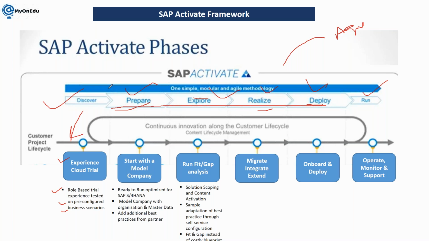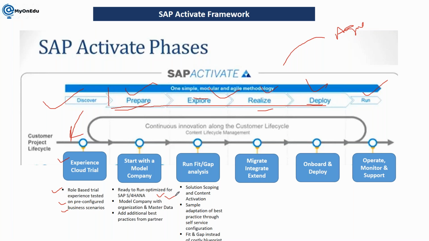In the prepare phase, when we are starting Activate methodology, we are preparing for the project activities. Who will be the project manager, and the consultant assignment, all project management activities have to be done. Here also ready to run, optimized for the S/4HANA model company.